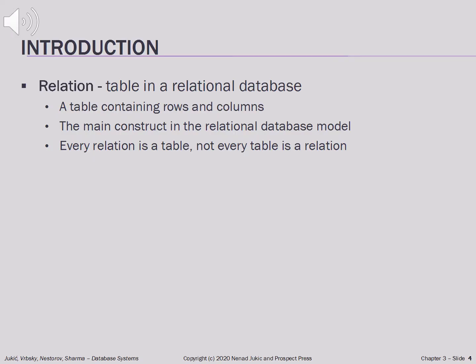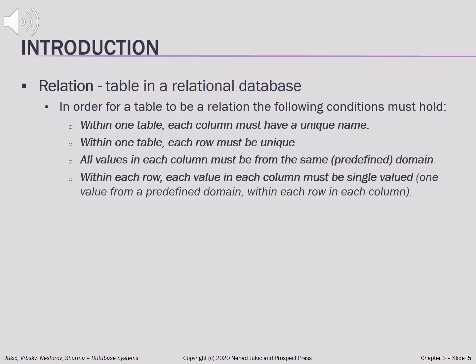A relation is a table containing rows and columns, and it is the main construct in the relational database model. Every relation is a table, but not every table is a relation. In order for a table to be a relational table, the following conditions must hold. Within one table, each column must have a unique name.